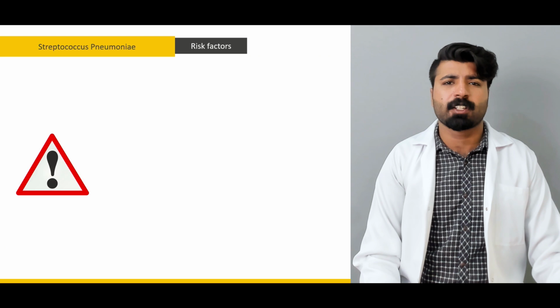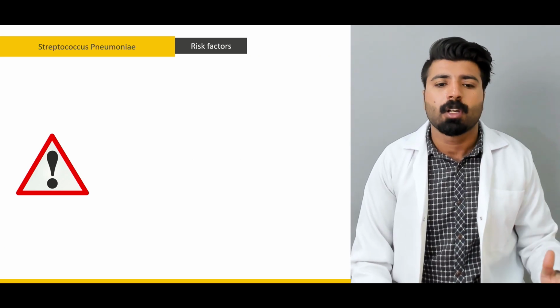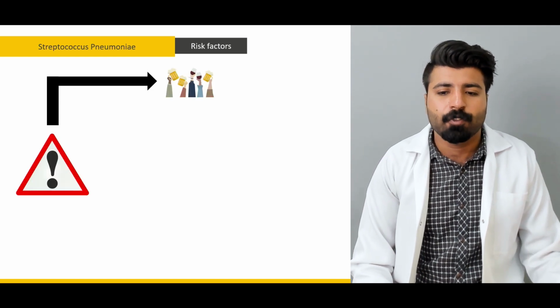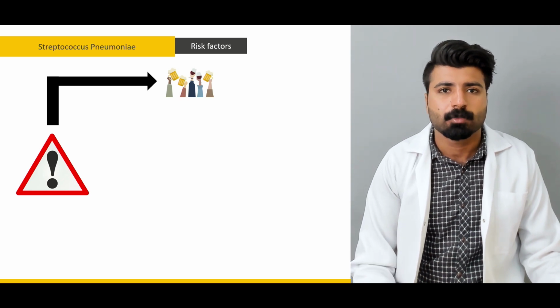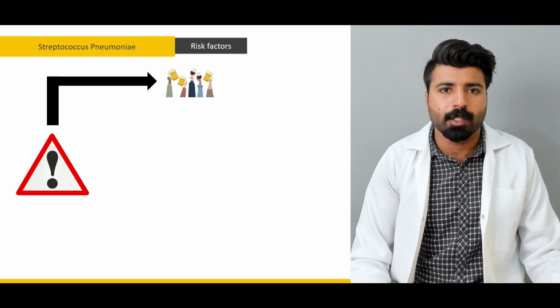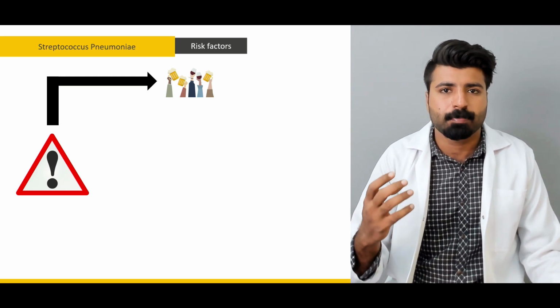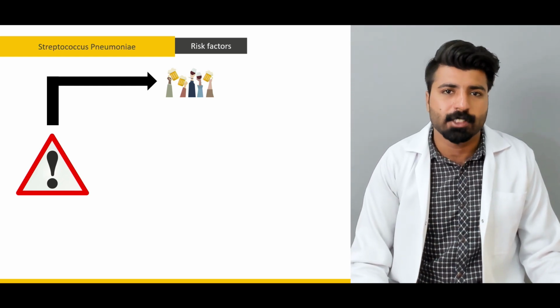So what are the risk factors of streptococcus pneumonia? What patients are predisposed to getting it? First of all, people who drink. Why? Because they don't know what they're doing. This gives bacteria the most perfect environment it can get for colonization.